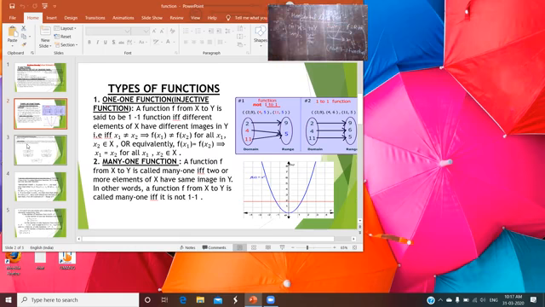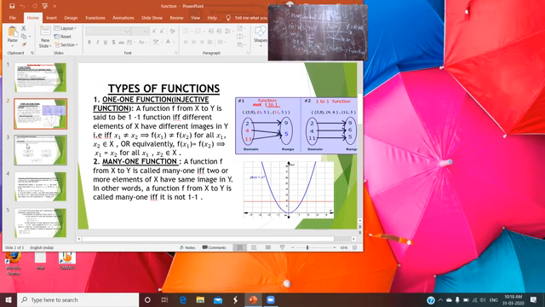So how do you check that the function is not one-one? Here we take two distinct values of x from its domain. Suppose we take x1, x2 belongs to R, real numbers, such that x1 is equal to -2 and x2 is equal to 2.